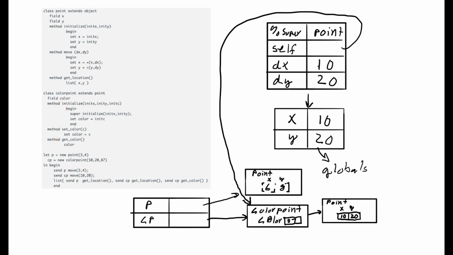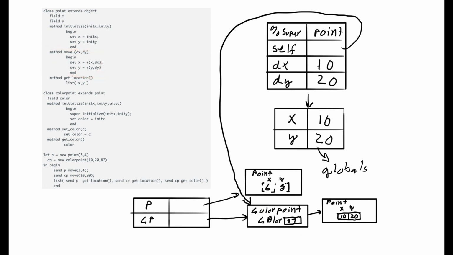And guess what? We don't find it. There's no move method. So our next step is to look in the point class for the move method. And now we find the move method in the point class. So the object's class is color point, but the class that's hosting the code is point. So we'll call point the host class, and point hosts this code.